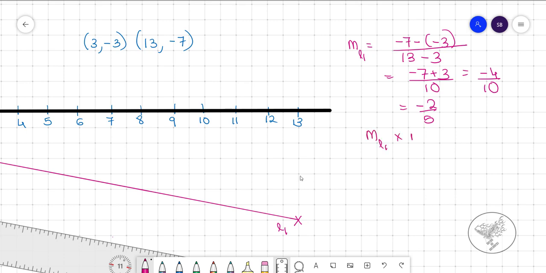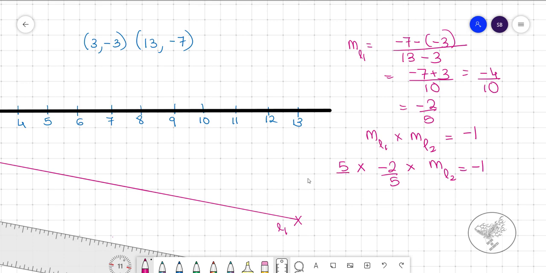Therefore, gradient of L1 times gradient of L2 is equal to minus 1. So this is minus 2 over 5 times gradient of L2 is equal to minus 1.